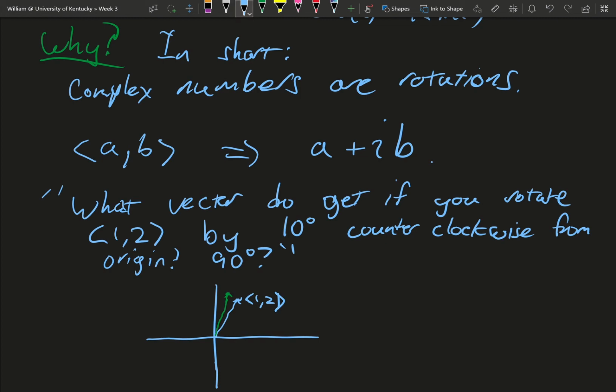It turns out that the answer to this is as follows.